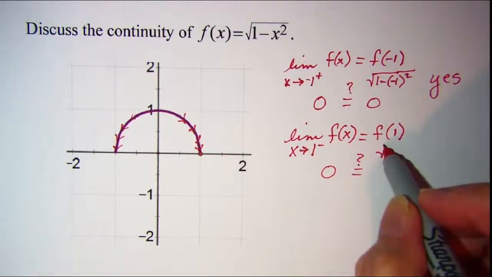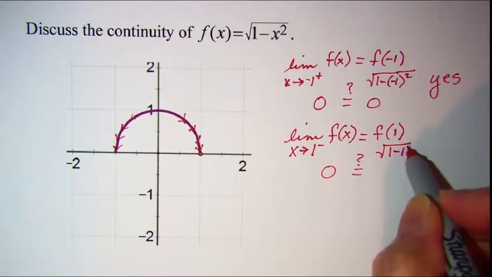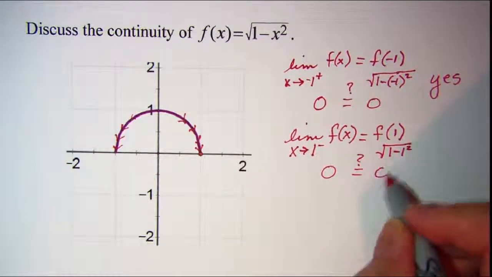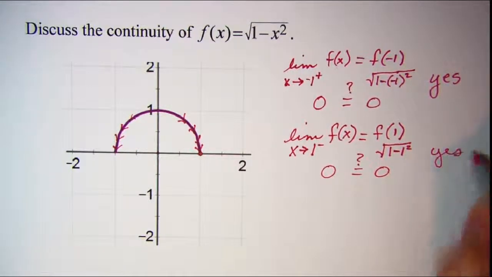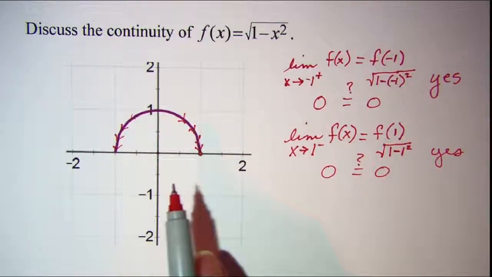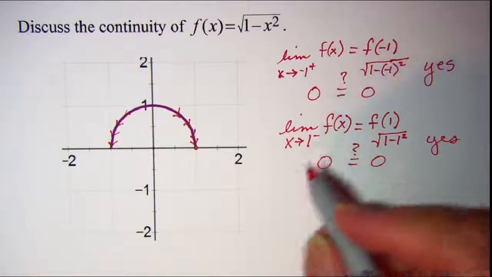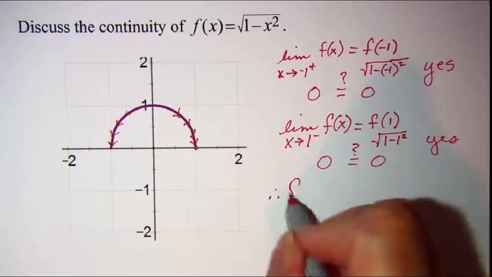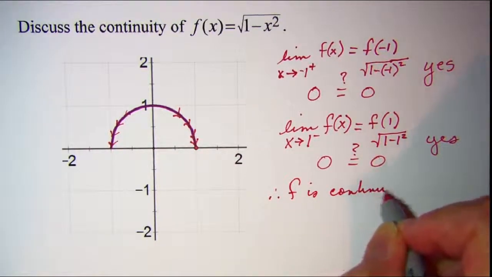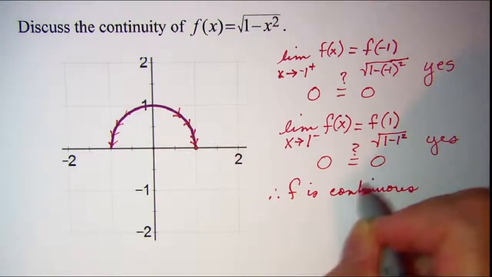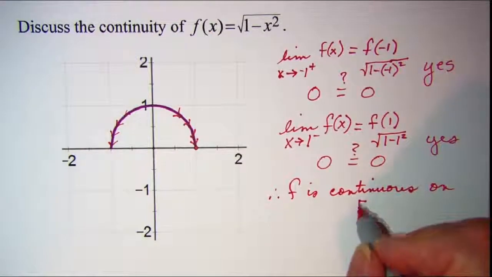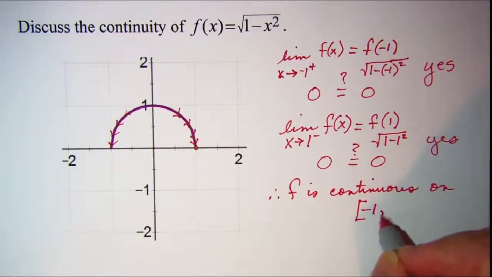So the square root of 1 minus 1 squared is 0, so we do have that. Our problem asked us to discuss the continuity, and we would say then that f is continuous on the closed interval from -1 to 1.